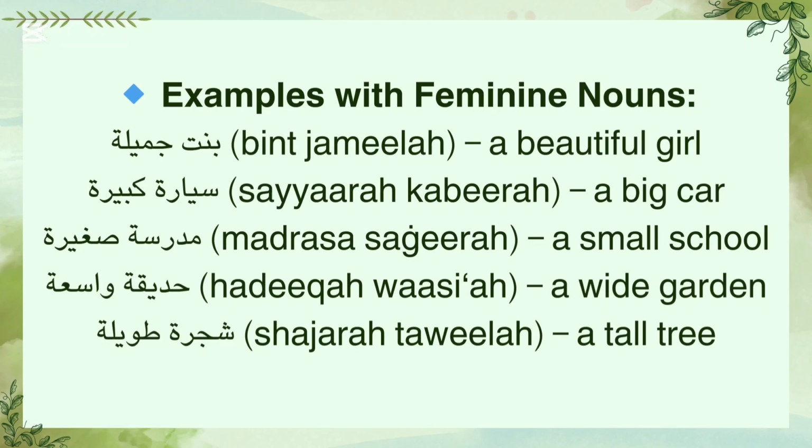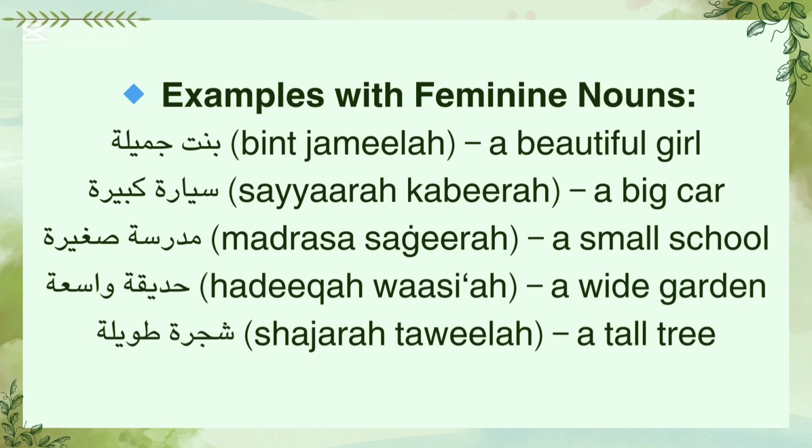Now here are some examples of a feminine adjective with a noun. First, we have a beautiful girl. Girl in Arabic is bint, so bint Jamila. How do you know that the noun is female, and when do we have to add the ta marbuta to the adjective?